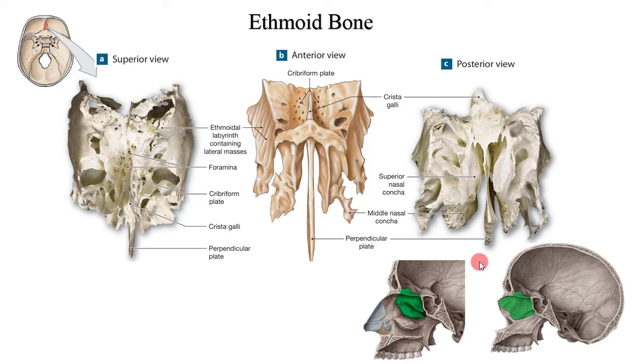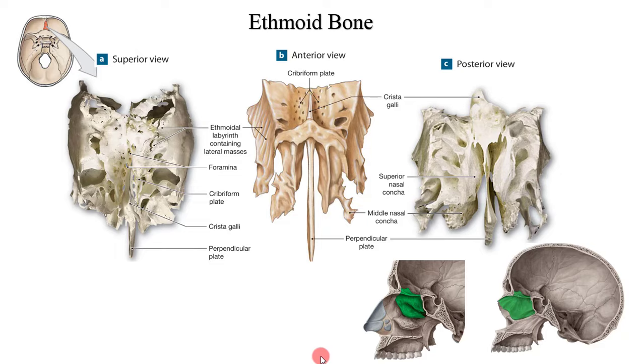The ethmoidal air cells also open into the nasal cavity on each side. Mucosal secretions from these air cells flush the surfaces of the nasal cavities. The perpendicular plate forms part of the nasal septum, a partition that also includes the vomer and a piece of hyaline cartilage.